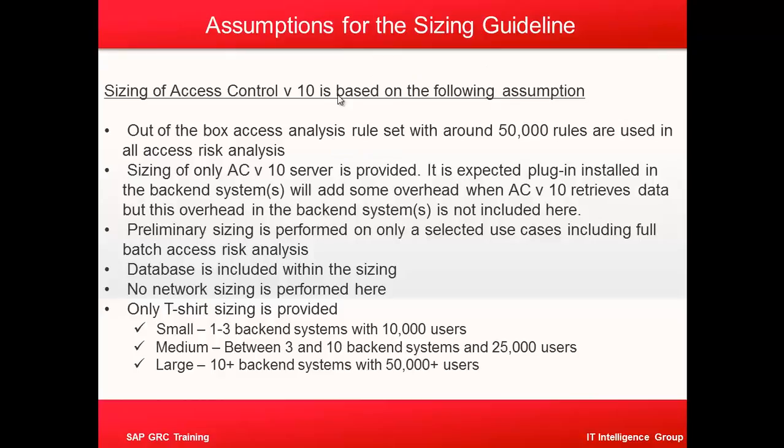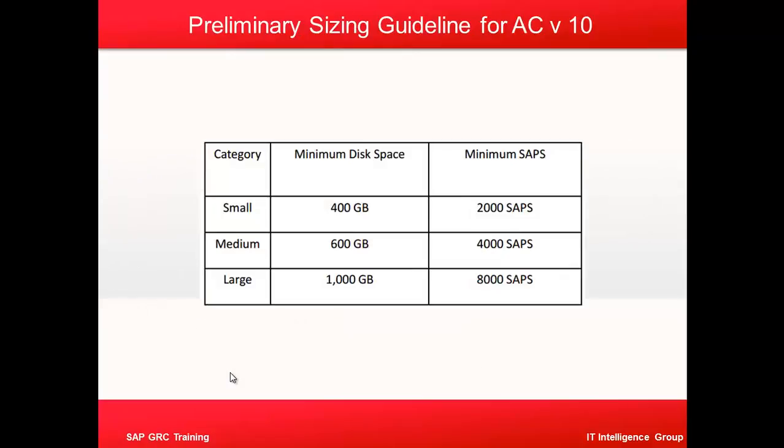The database is included within the sizing. Small is 1 to 3 backend systems with 10,000 users. Medium is between 3 to 10 backend systems and 25,000 users. Large is 10 plus backend systems with 50,000 plus users.